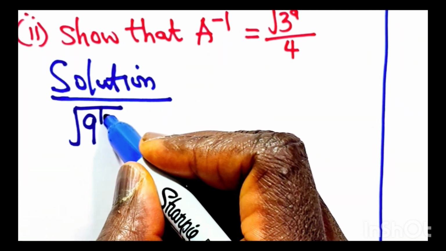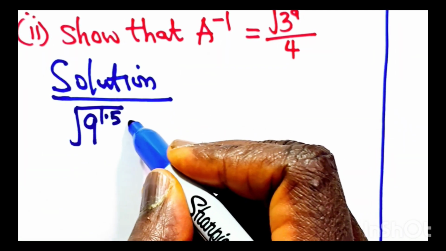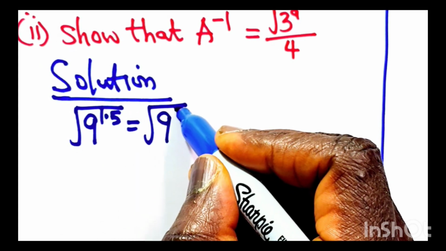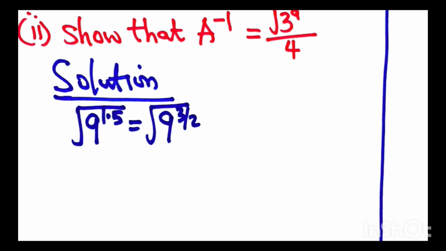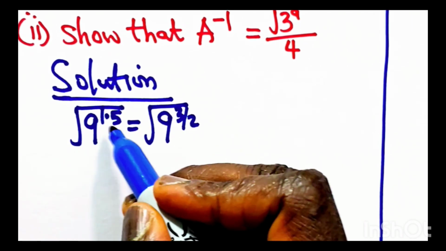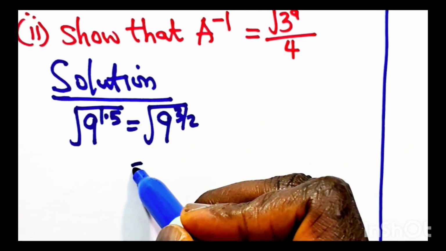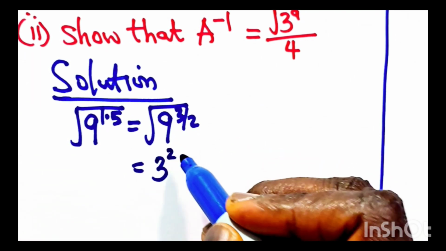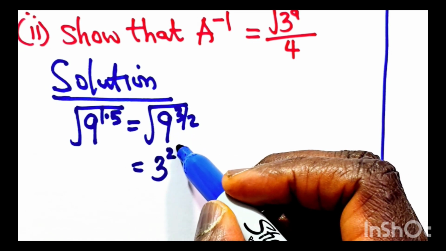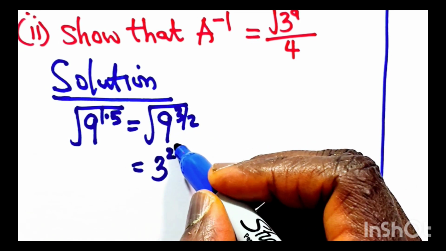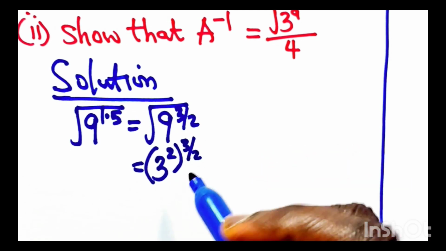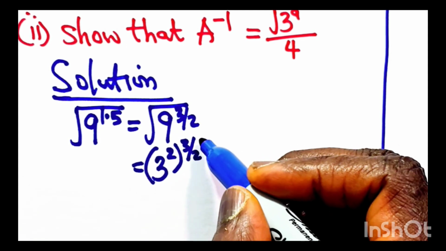Without wasting time, the square root of 9 raised to the power 1.5 should be the same thing as the square root of 3 raised to the power 2. Reason: if you do one of them very well, this will be 3 raised to the power 2, bracketed, raised to the power 2.